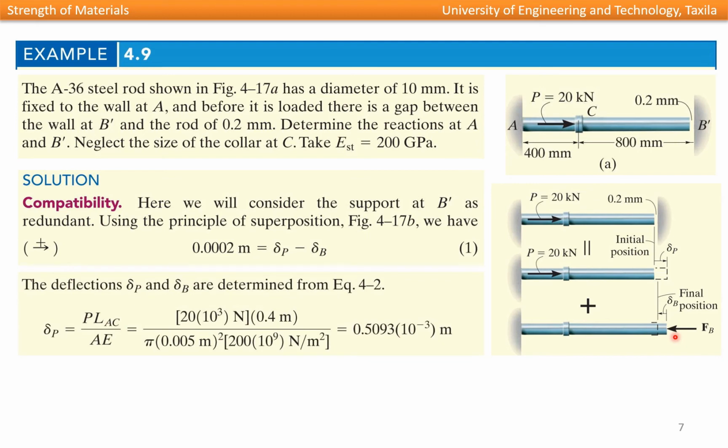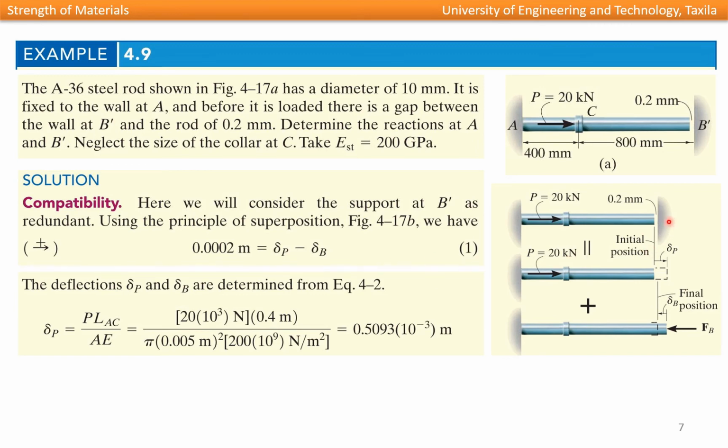So according to the compatibility equation, the summation of the displacement due to applied load plus the displacement due to redundant force FB must be equal to the displacement of this end, which is 0.2 millimeter in this case. So here it becomes the compatibility equation.